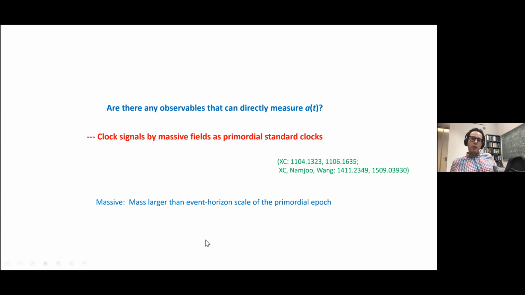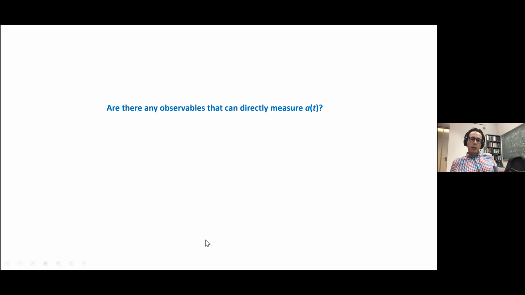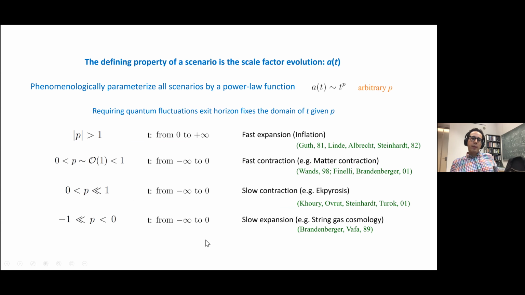Xingang, can I ask a quick question? Yes, please. In your previous slide, you showed those values of p. If there is overlap between different scenarios at certain values of p, do you think you can still distinguish between the specific scenarios?